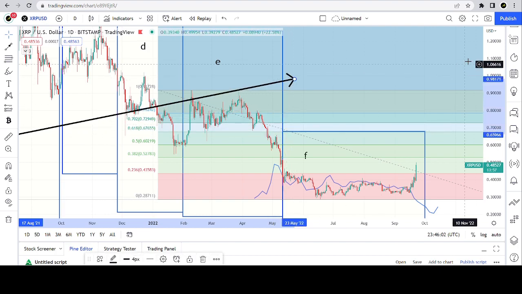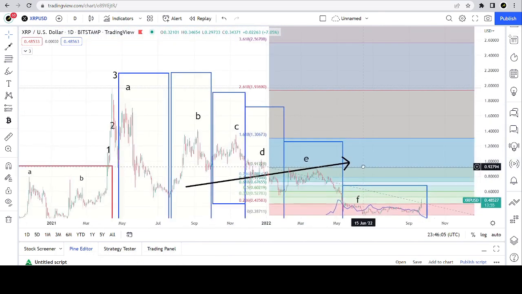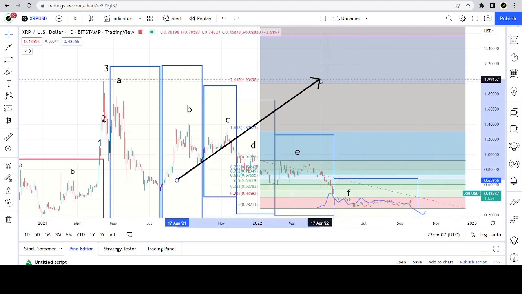On the high side, it could go potentially up to the 2.618 around there, which is almost like $1.90 something.